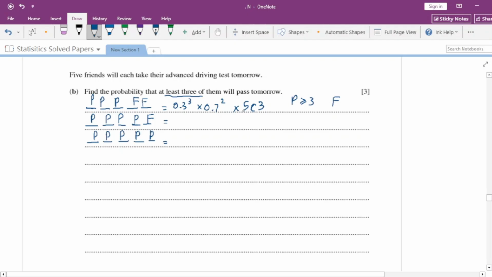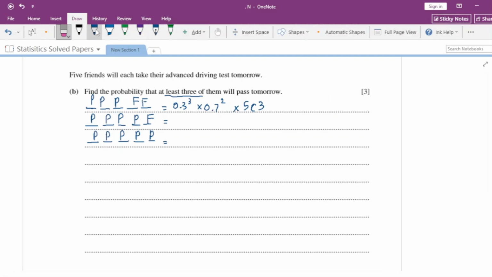Why are we doing this? Well, because there is no particular order to the people failing or passing. I could have the first person fail, and then the next person fail, and then the third person pass. So in no particular order, any 3 of those people could pass. You need to account for all of the cases, and that's why we do 5 choose 3.